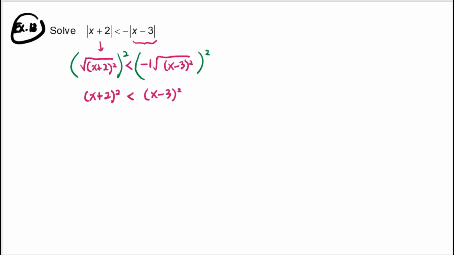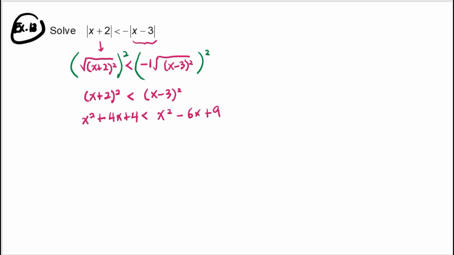Now we have to expand the squares. We'll have x squared plus 4x plus 4, which is less than x squared minus 6x plus 9.